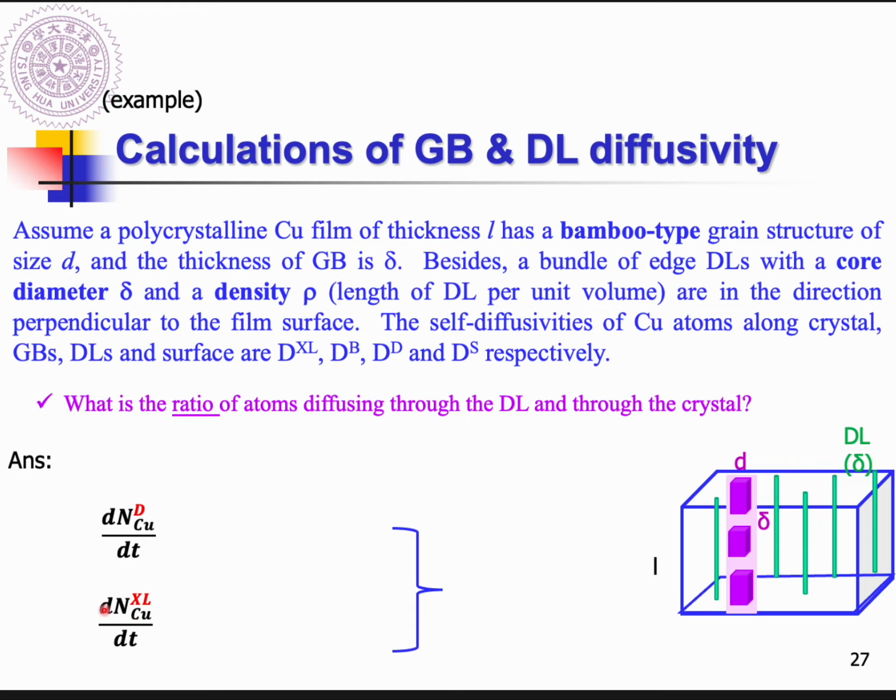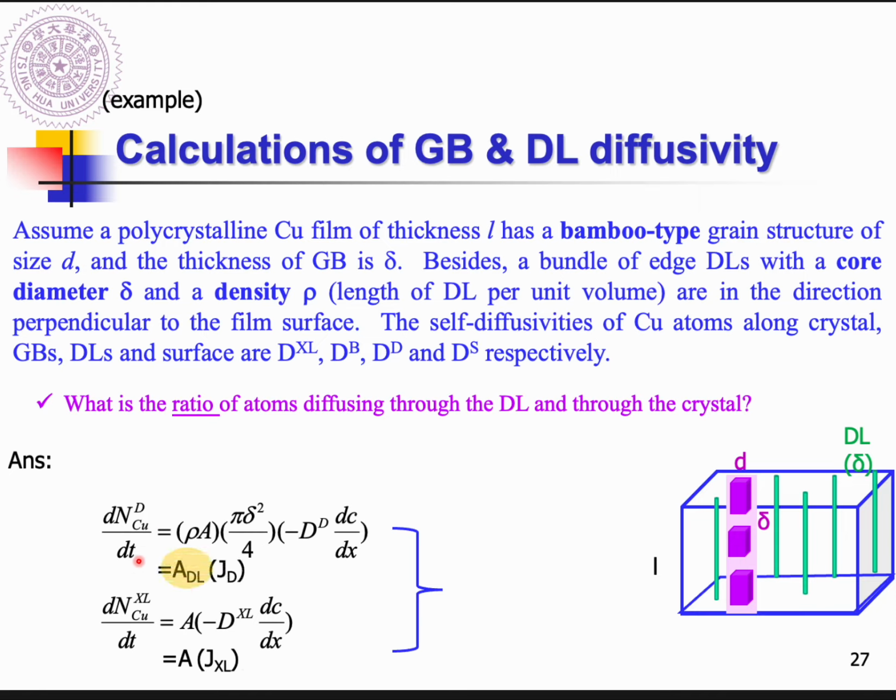As long as we know these two, we can directly divide one by the other to get the ratio, right? As a hint, for this question you need to start from the flux. What's the flux? It is the number of copper atoms diffused through the grain per area per unit time, expressed as minus the diffusivity D_xl times the concentration gradient. So this is for the crystal.